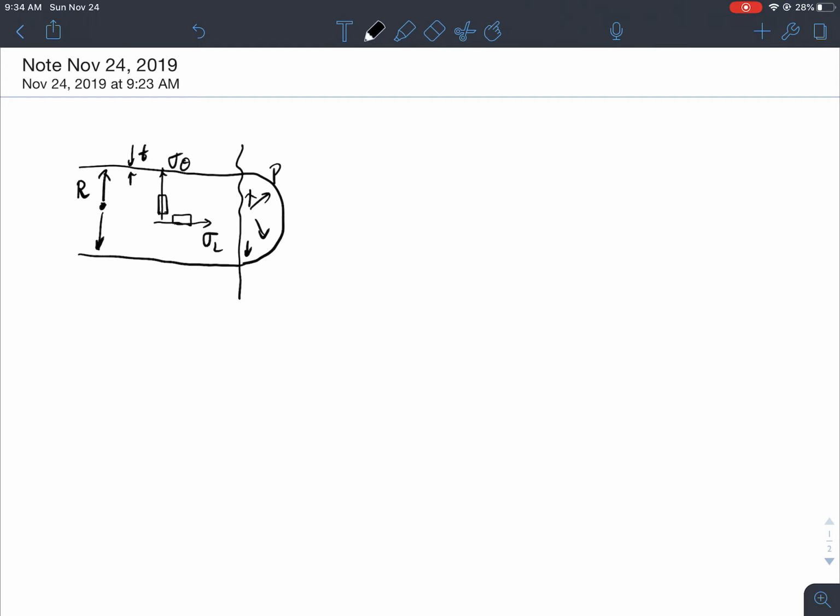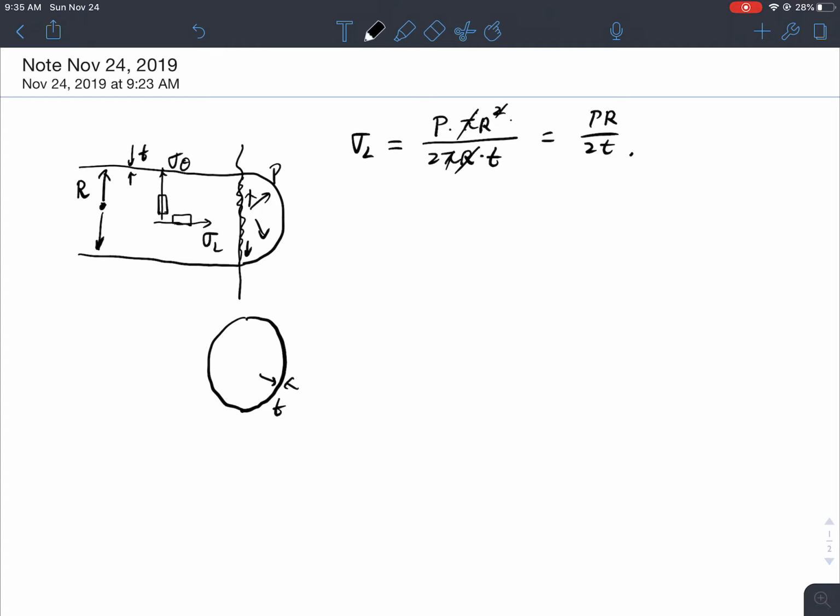So sigma L, which is longitudinal stress, equals pressure multiplied by the area, which is this cut right here, so it's pi R squared, divided by the circle here with the thickness t, so 2 pi R multiplied by t. So R cancels, and pi cancels as well, giving PR over 2t.